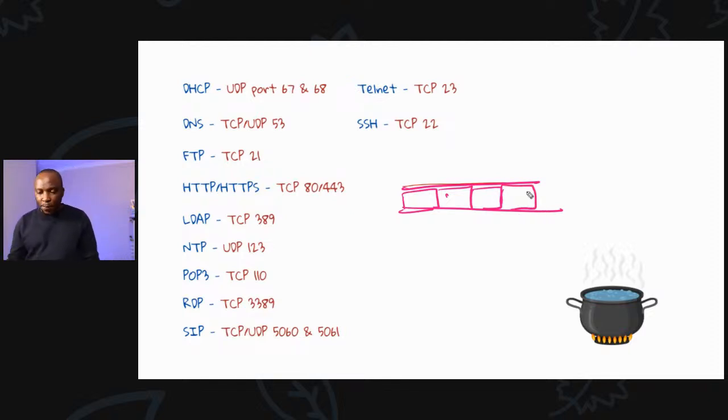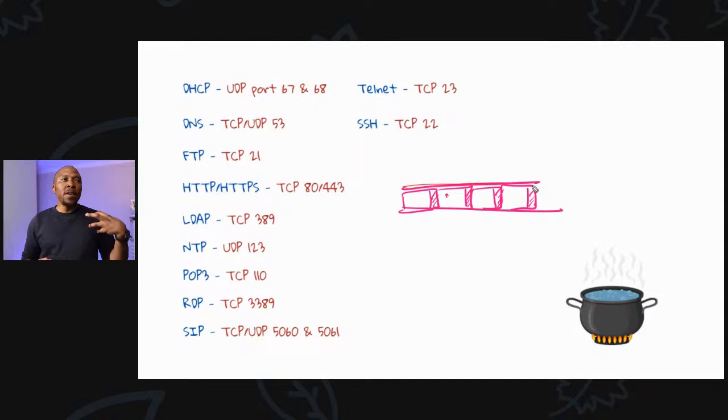Now, of these packets, we spoke about the last time that we've got something known as a header, right? And say the header is the information that helps us in routing this packet and helping it to get to the destination.